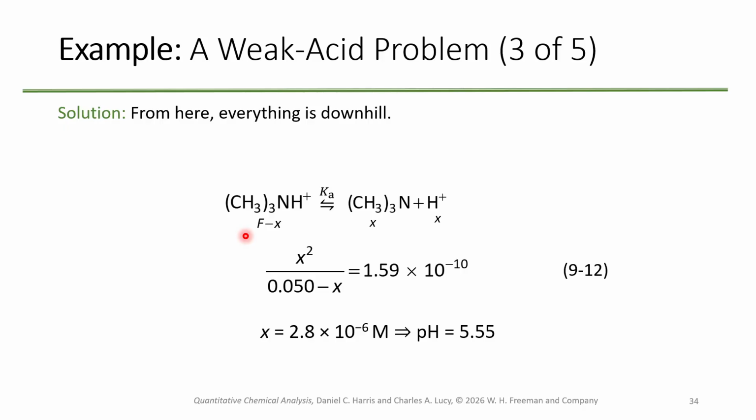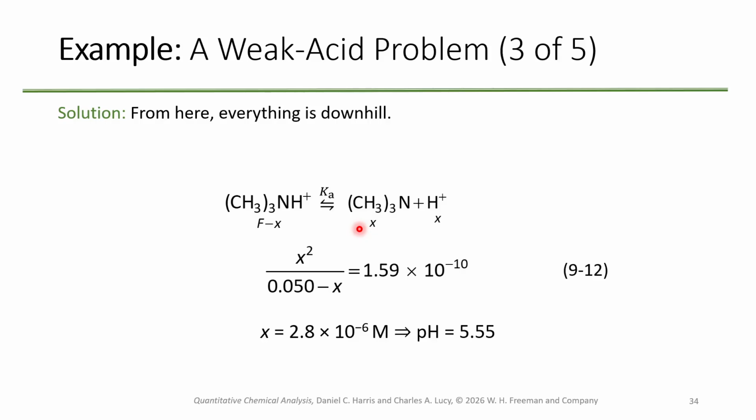Okay? You are expected to be able to do these faster than you would if you wrote out an entire ICE table. Okay? But if you're having issues with these problems, feel free to start with an ICE table, which is the initial, change, equilibrium, right? This would have been the equilibrium column. Okay? We've just shortcut it to the equilibrium column.